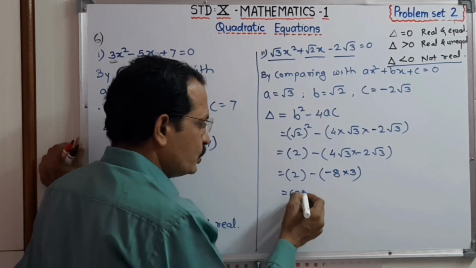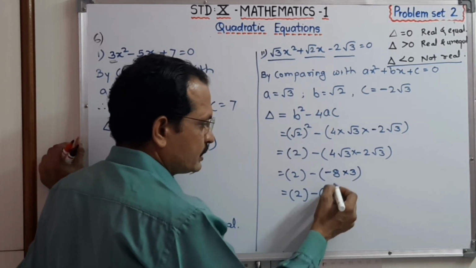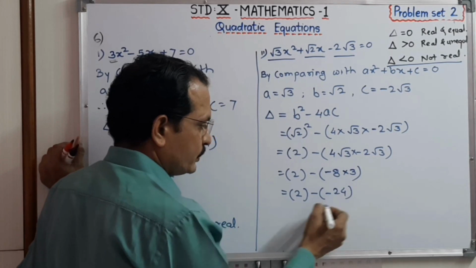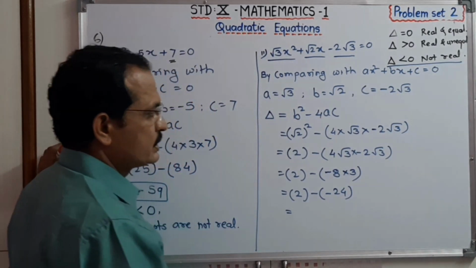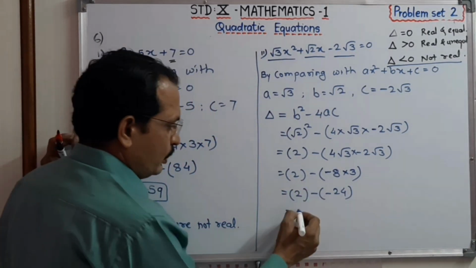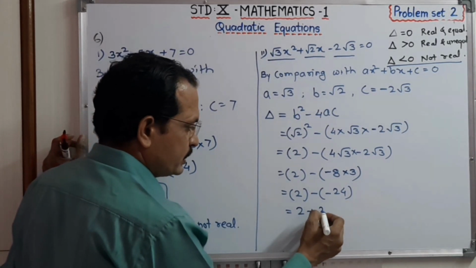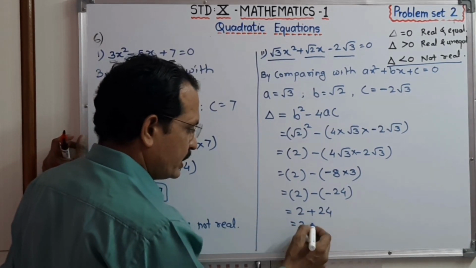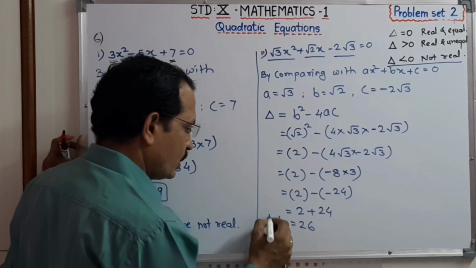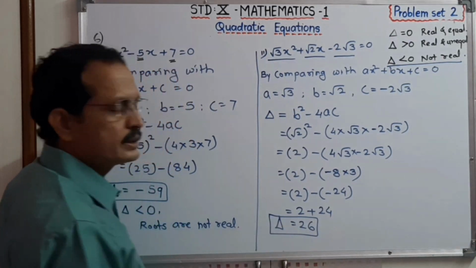Therefore it is 2 minus 24. Now see here, 2 plus 24 is 26. We got delta is 26.